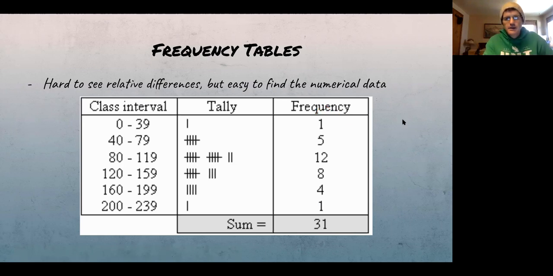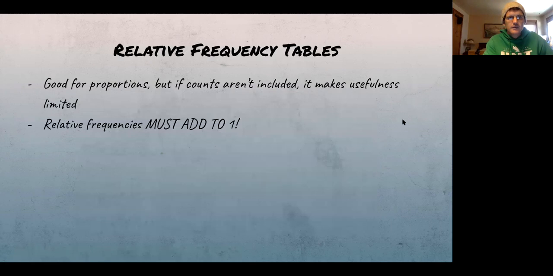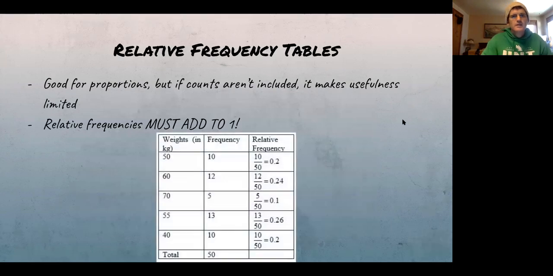Okay, but relative frequency tables, they're good for proportions, like knowing the overall breakdown and the distributions of how many are in each category. So here we have all these categories, 50, and I'm assuming, I don't know what the context is here.